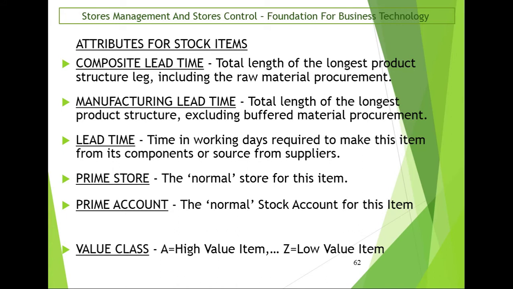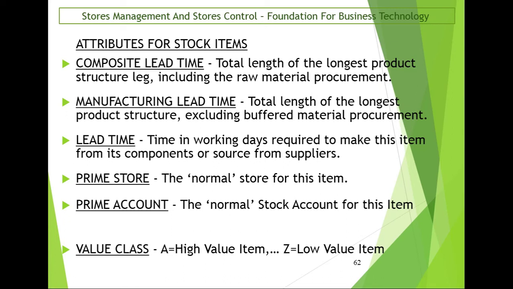So it means that this is the lead time from the time you place an order for your raw materials until the time you finish production. Then you have got what is called manufacturing lead time. So the manufacturing lead time is also the total length of the longest product structure, but excluding buffered material procurement. So in other words, we are now just looking at the manufacturing time itself without the procurement process.